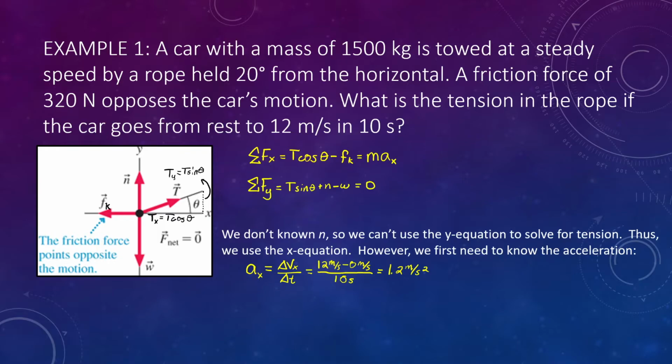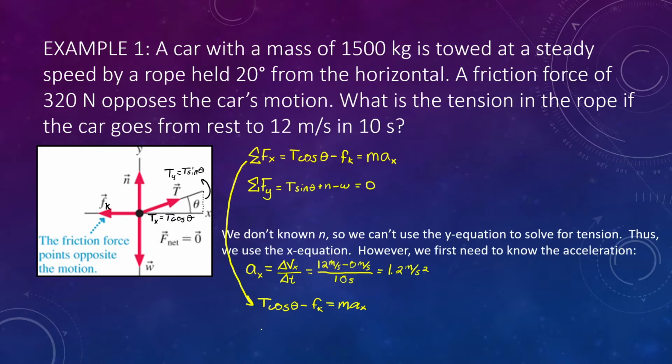Now we can actually solve. So let's bring in our x equation and solve. We have T cosine theta minus the friction equal to max. Solving for tension would imply that we have to add friction to the other side and then divide by cosine theta.